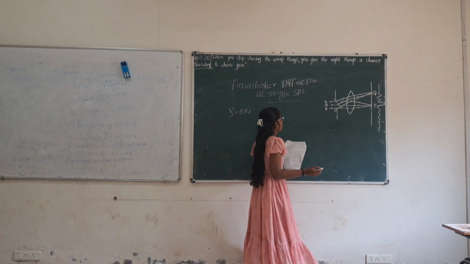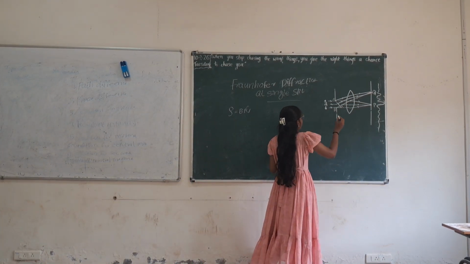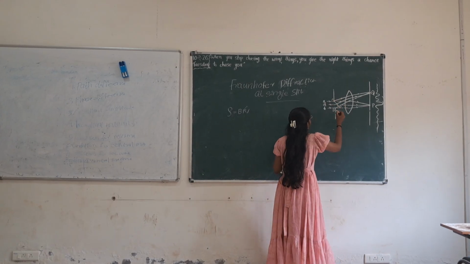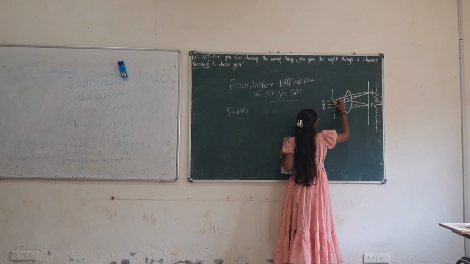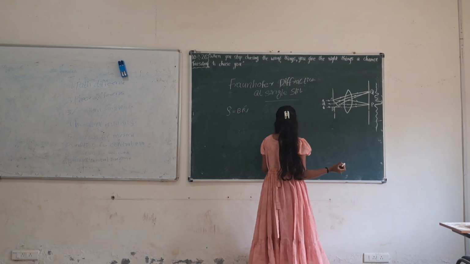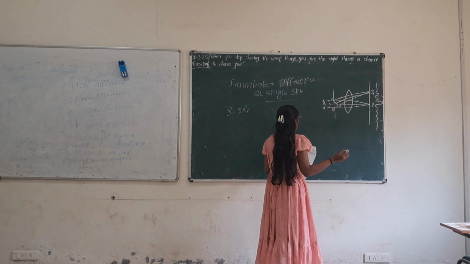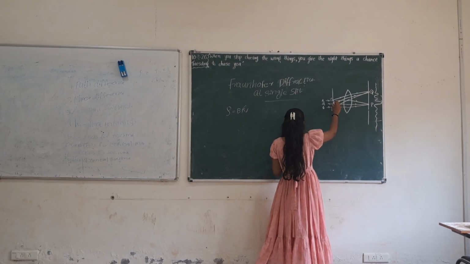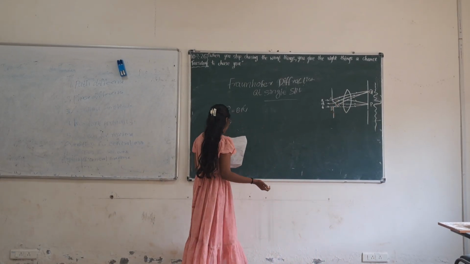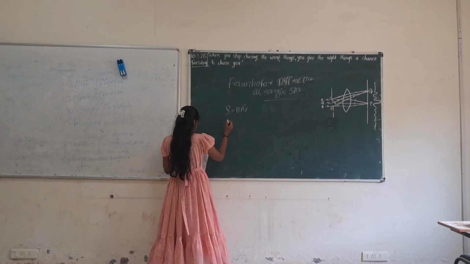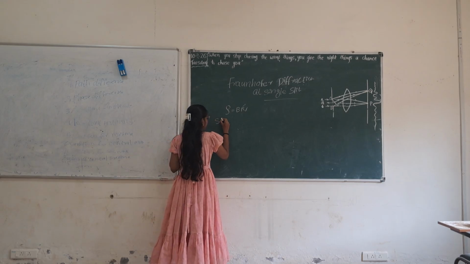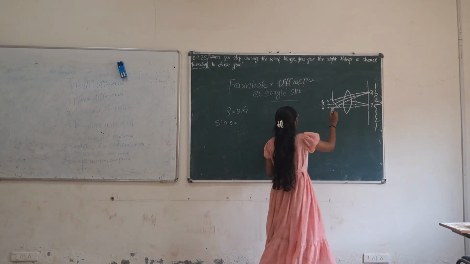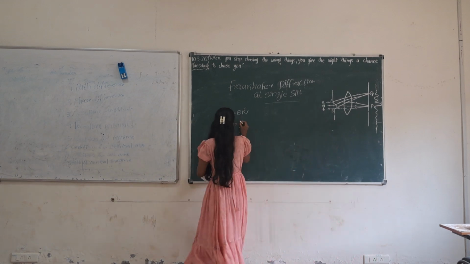To find BN, we consider the triangle ANB, where the angle is theta. Sin theta is equal to the opposite side by the hypotenuse, so sin theta is equal to BN by AB.